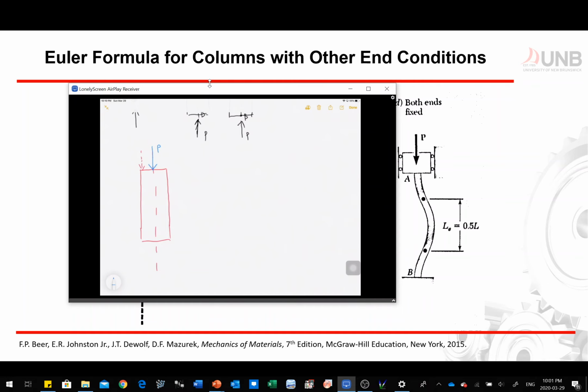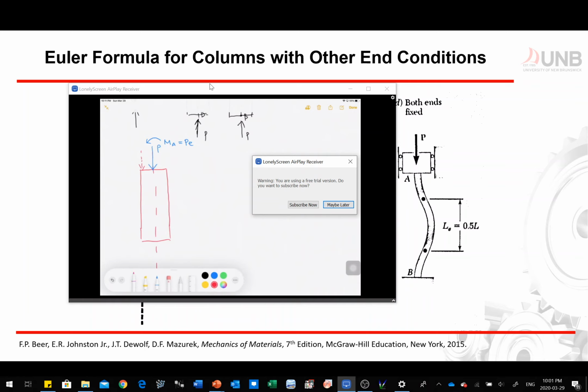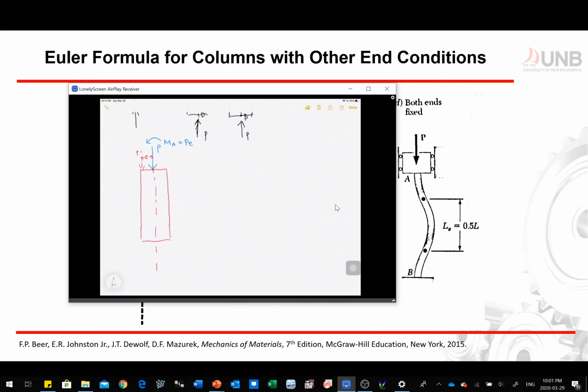In this case, we produced a moment which we can call M sub A, and that's equal to P times E. Why is it P times E? Again, this is E right here, and this is our original P. We move our P to this spot right here. Now we already moved our P, and then we have another P right here. So basically that's our beam.